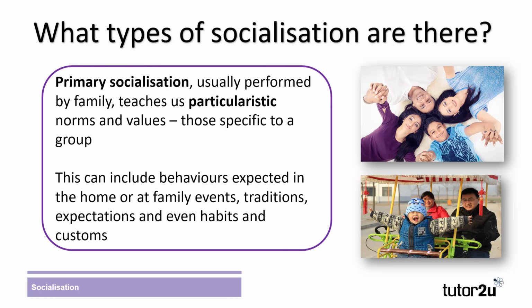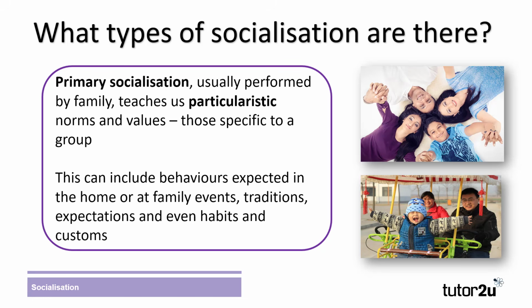It can be through family events or traditions that are unique to your family. How you celebrate birthdays or holidays may differ from family to family, but will have their own norms. It can also include expectations of behaviour, such as bedtimes and curfews, which once you've left the family unit will no longer apply. It can also be done through customs and habits.